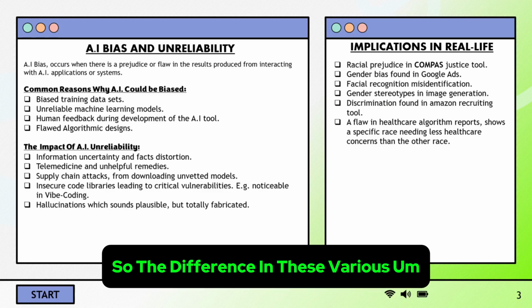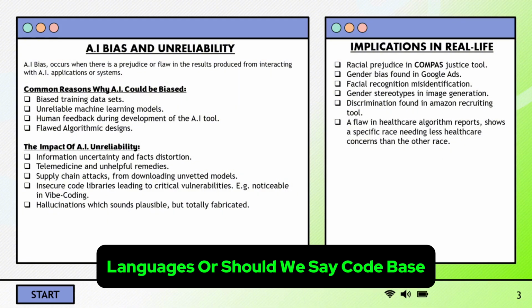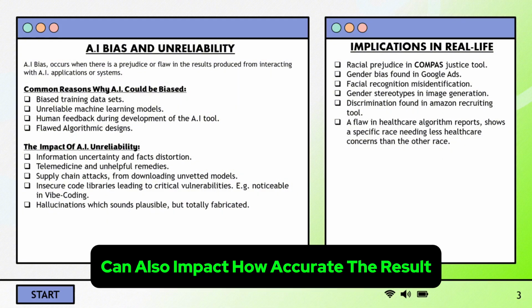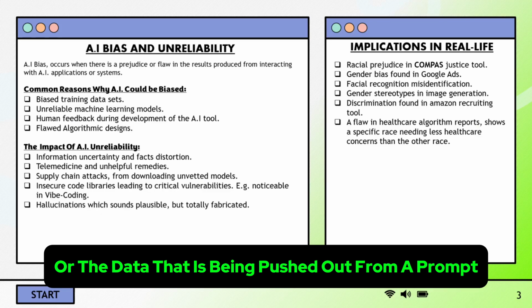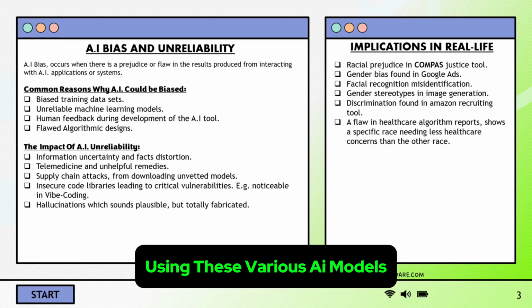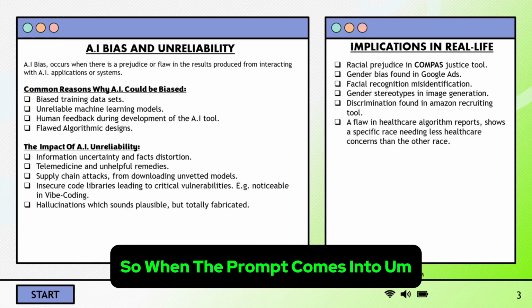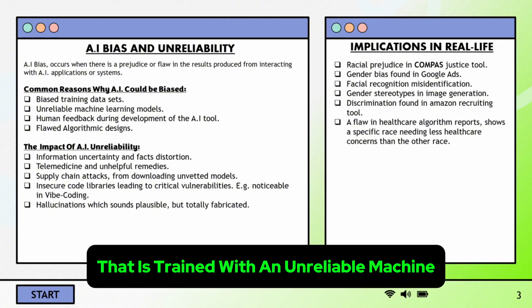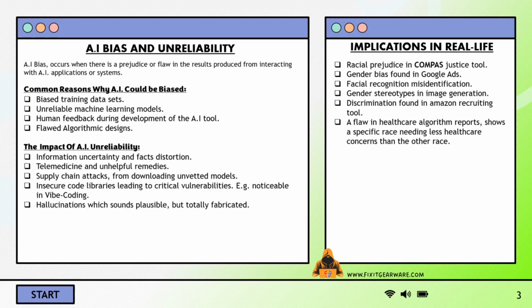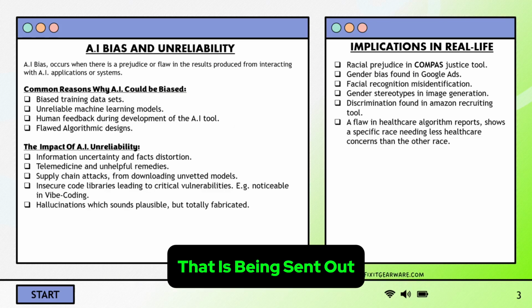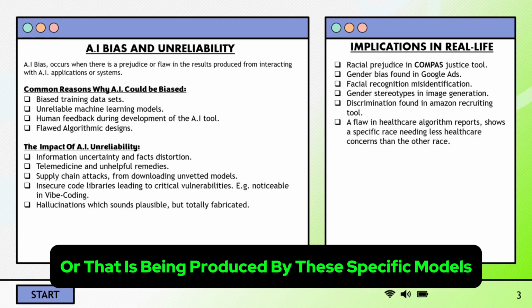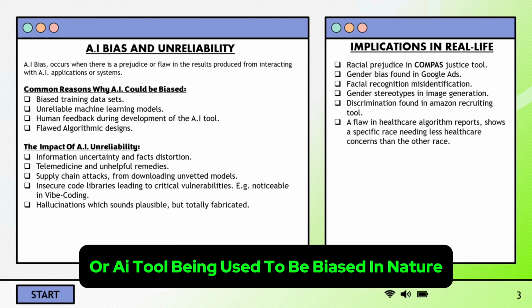The difference in these various languages, or should we say code bases, can also impact how accurate the result or data pushed out from a prompt is. So when a prompt comes into an AI model trained with unreliable machine learning models, this can also result in the information produced by that AI tool being biased in nature.